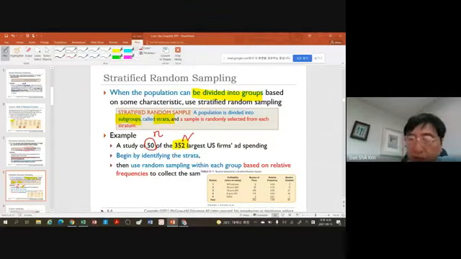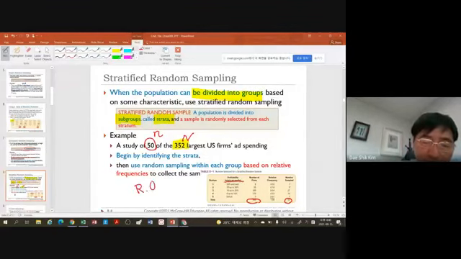The strata are divided by ROE, return on equity. Return on equity means how much net profit they earn, divided by their equity.